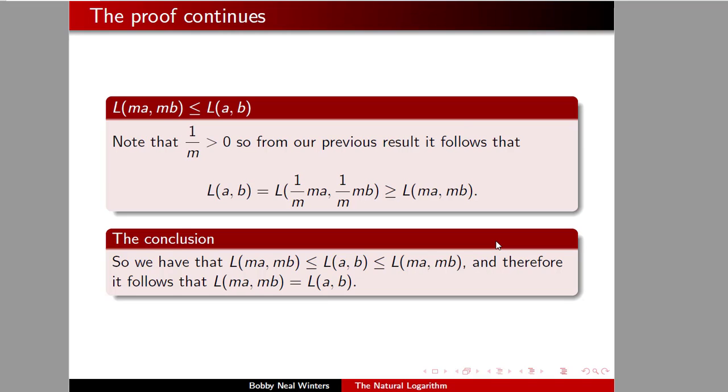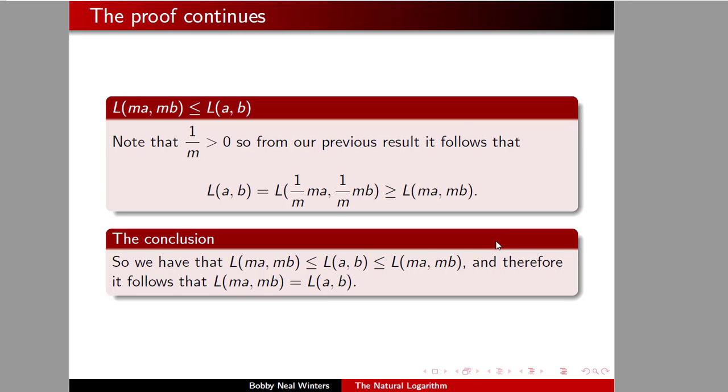Now we're going to prove the other direction. We're going to prove that L(ma, mb) is less than or equal to L(a, b). And we're going to be kind of tricky here. Note that 1 over m is also greater than 0.